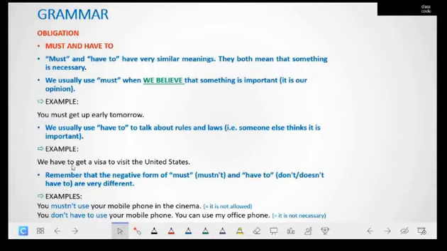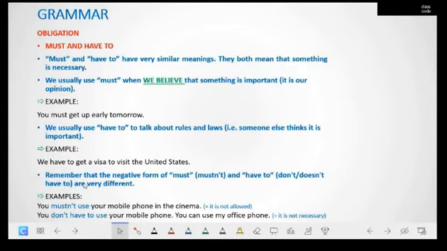Example, we have to get a visa to visit the United States. So it's not up to you, it's up to the government of the United States. So this is what we mean, that have to is from outside, whereas must is from inside. It means it's up to you. Whereas have to, it's not up to you, it's up to someone else.